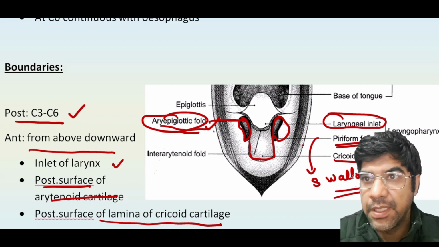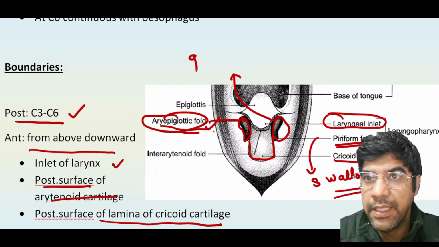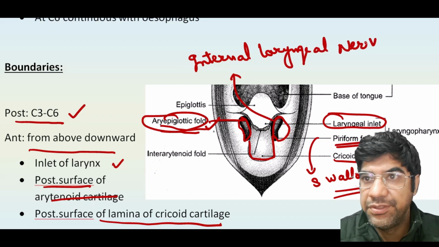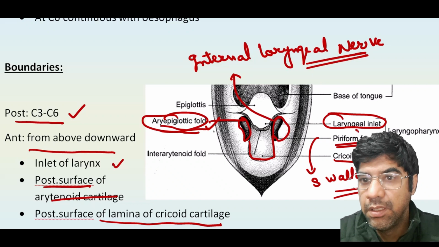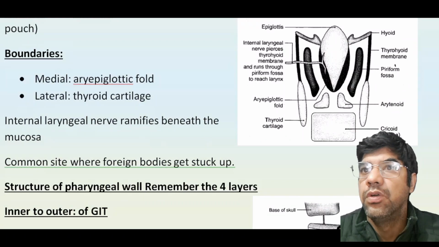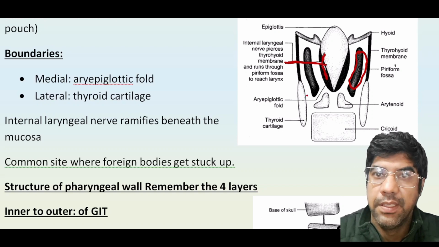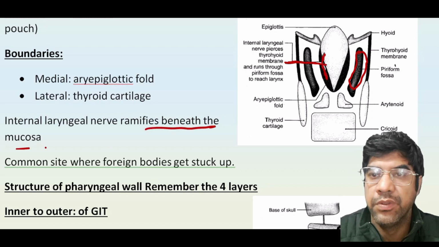You have to remember that there is a nerve known as the internal laryngeal nerve. Which nerve lies close? It is situated beneath the piriform fossa. This is the piriform fossa, and this is the internal laryngeal nerve that ramifies beneath the mucosa.